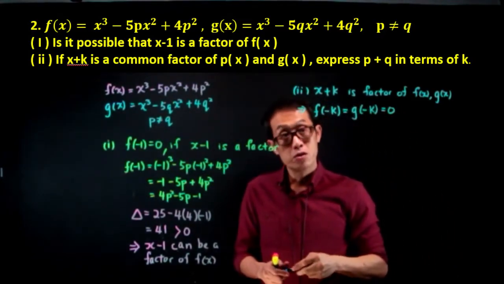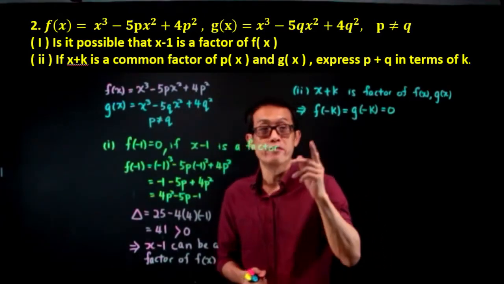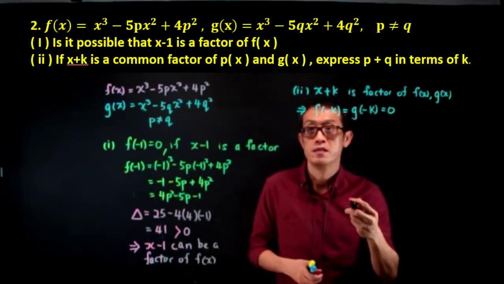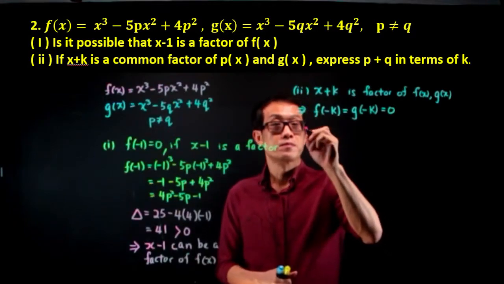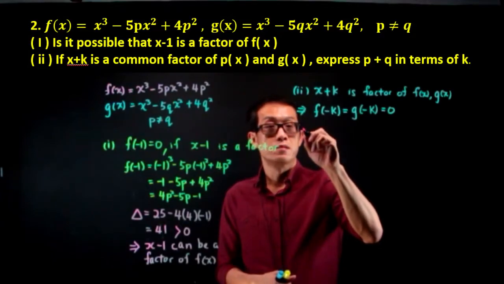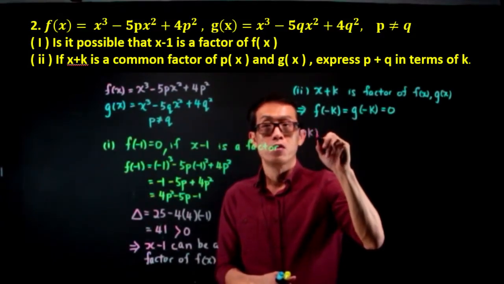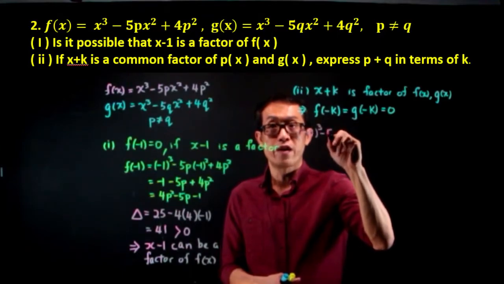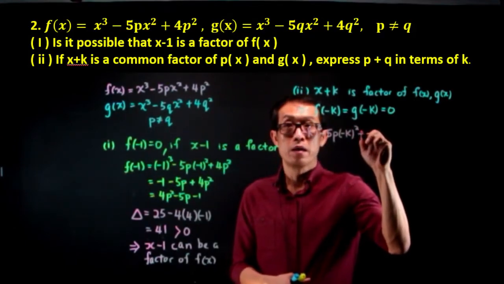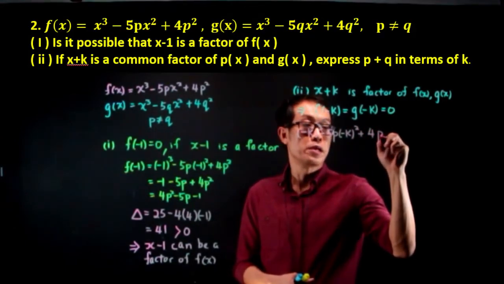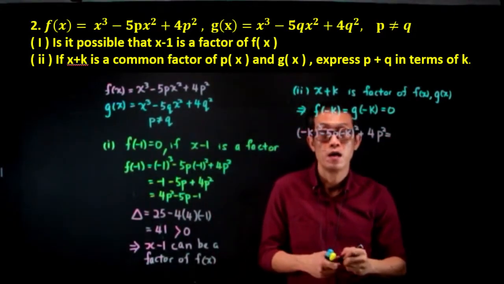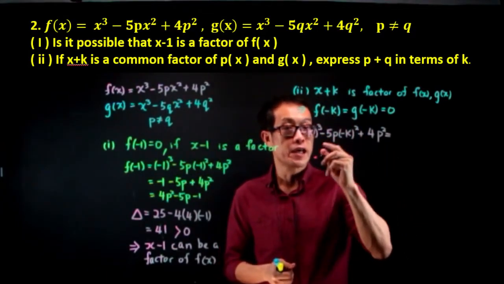Okay, so let us replace x with minus k in each of the functions. So what will you get? You get minus k cubed minus 5p minus k squared plus 4p squared will be equal to, now g of minus k is what?